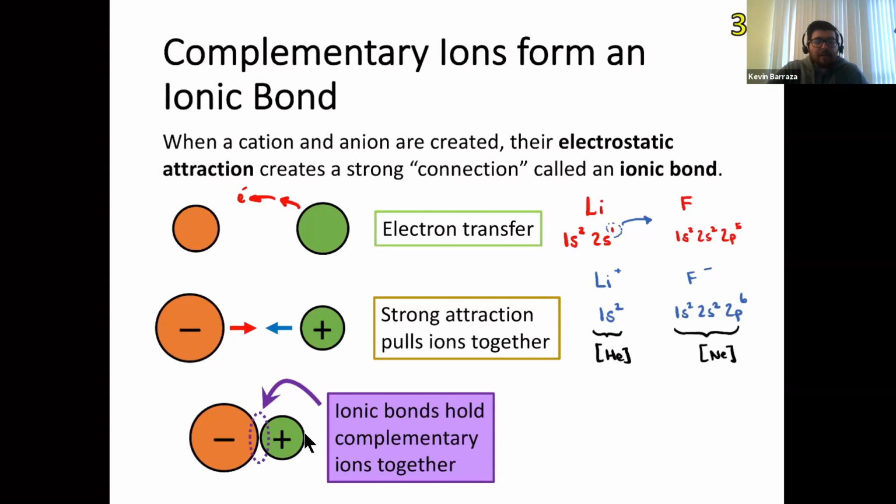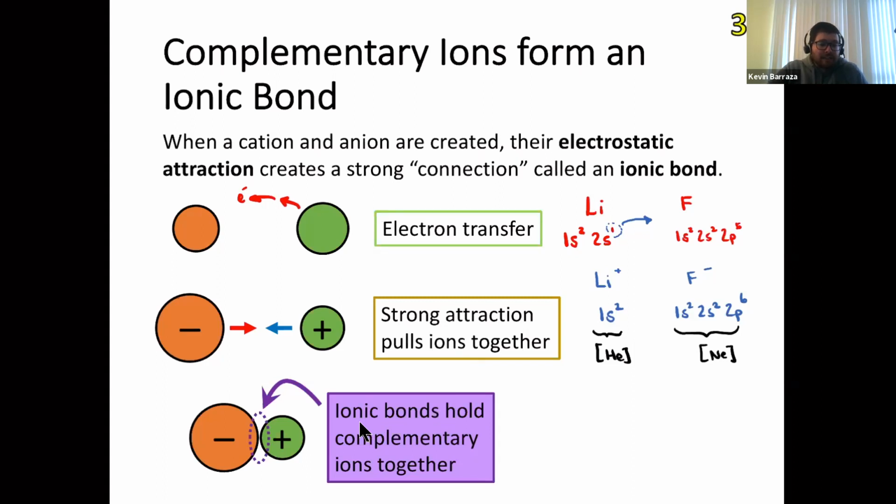In this case, because it's two ions attracting each other by positive and negative charges, we call it an ionic bond. So this should break down nicely for us. Bond means a connection, and ionic means having to do with ions.